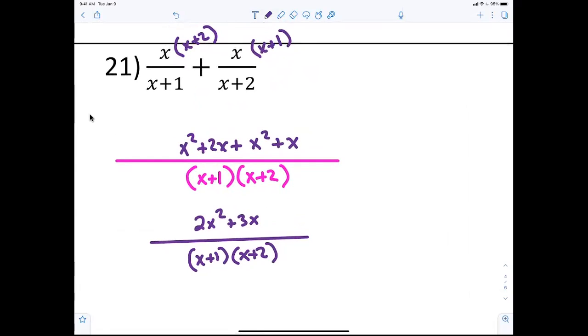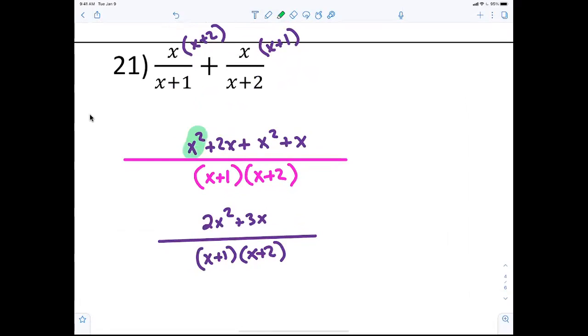How do you get the 2x? 1x squared plus 1x squared is 2x squared. Is that what you're asking me? No, on the top, the first equation. How did I get this and this? Okay, I know what you mean now.